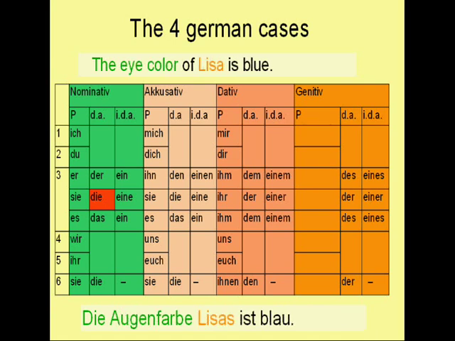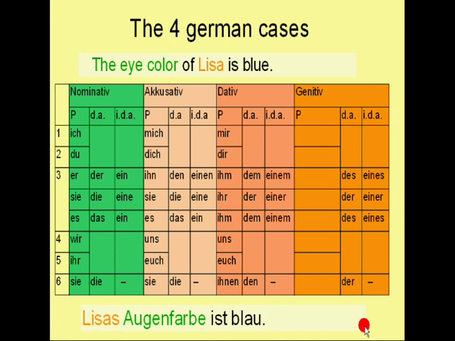Now let's try to do the same with a sentence where the genitive noun is a proper name. Here we have the sentence, the eye color of Lisa is blue, which translates to Die Augenfarbe Lisas ist blau. And if you remember, we add an S to a proper name because Lisa is in the genitive case.